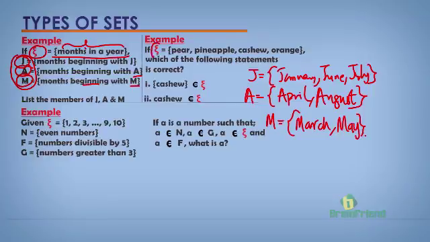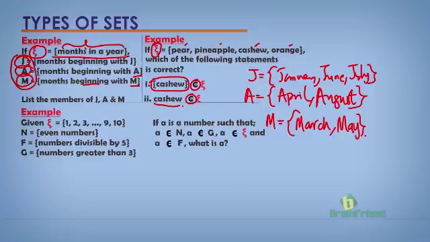If the universal set here is the set of pear, pineapple, cashew, and orange, which of the following statements is correct? The set of cashew is an element of the universal set, or cashew is an element of our universal set. Well, from what we've explained about what the universal set is, we said it's the set that contains all the elements and not sets. So cashew here is an element, while our first option here is a set of itself.